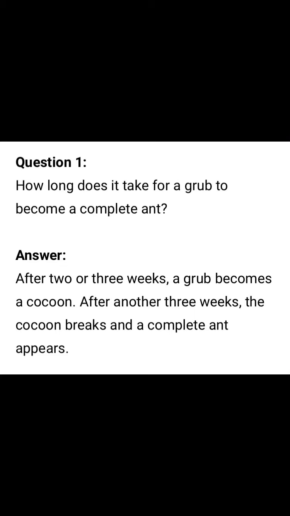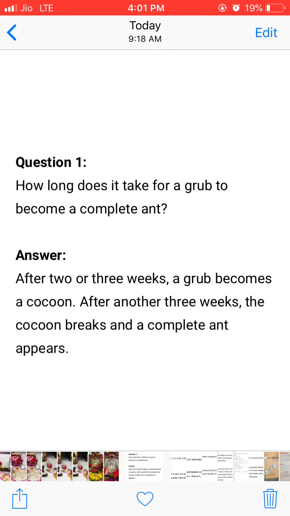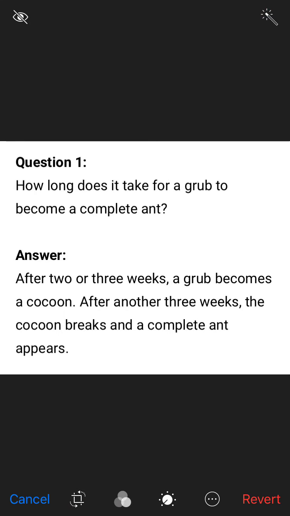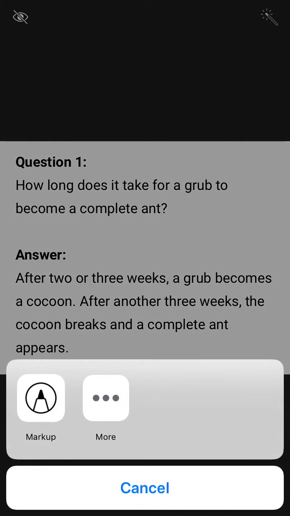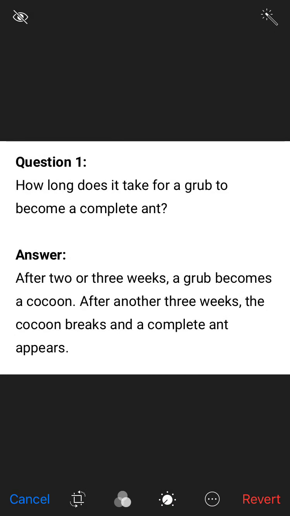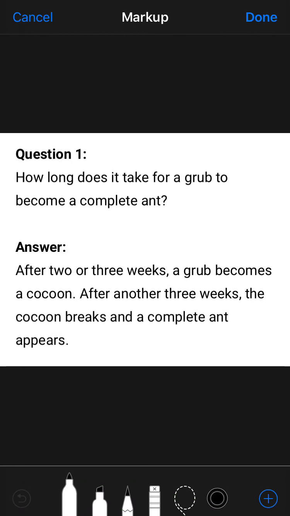Put a heading, picture, and draw any picture from the chapter. Moving on to the next page, give a heading, questions and answers, where you will write down the first question: how long does it take for a grub to become a complete ant? You can get the questions from your book also. Now you can start writing the answers.